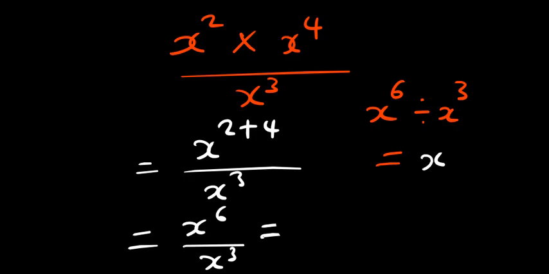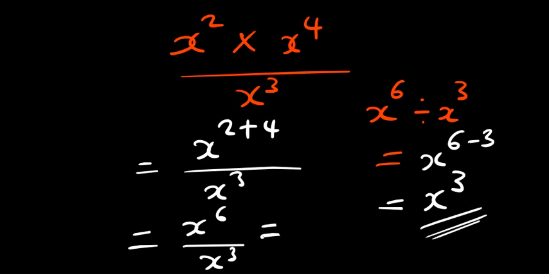So x to the power 6 minus 3. Why are you subtracting the powers? It's because we're dividing. Then you solve. You're going to have x to the power 6 minus 3. That gives us a 3. So basically you're able to see that it also gives you x to the power 3. So basically that's how you solve these questions.